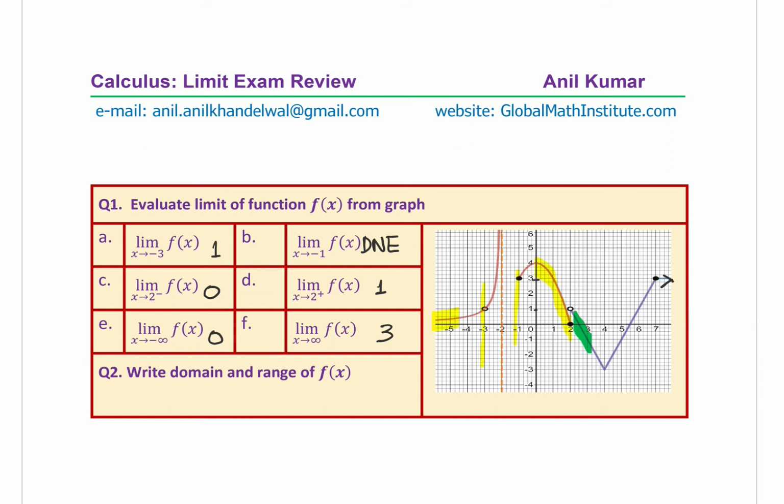Now since we have these two ends which are approaching infinity, so largely all the real numbers are included. So we can say that the domain is x belongs to real numbers. However, in between, we notice that some portion is not covered, especially this particular region. Do you understand?